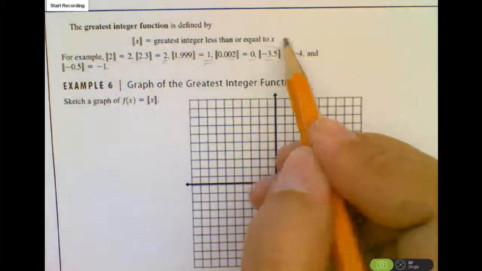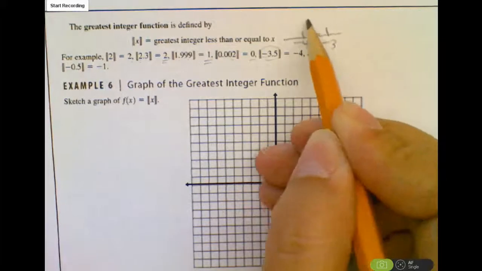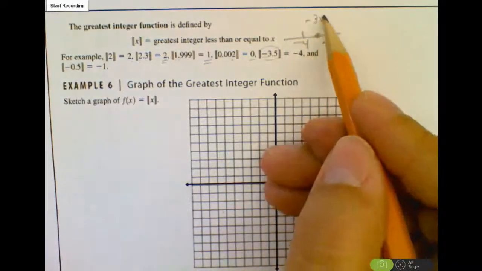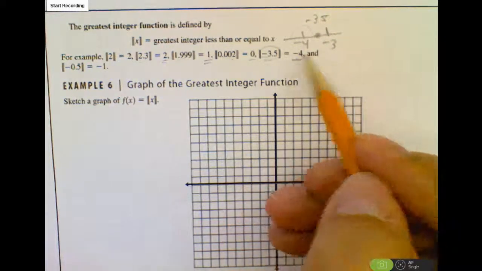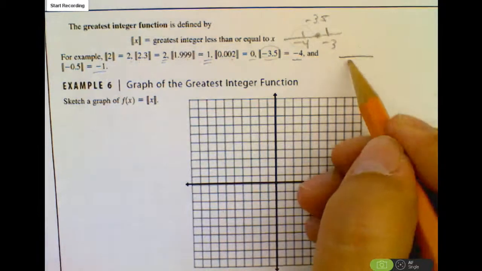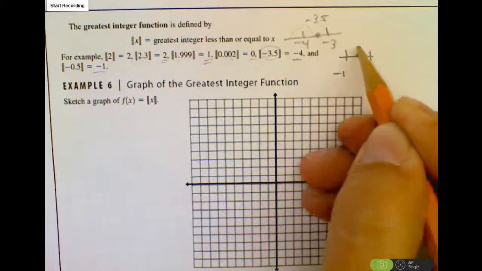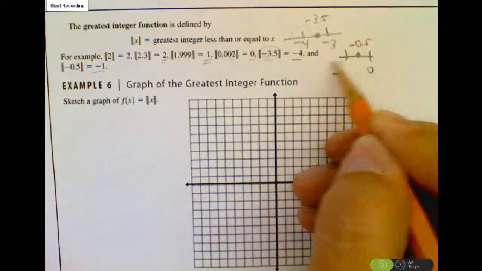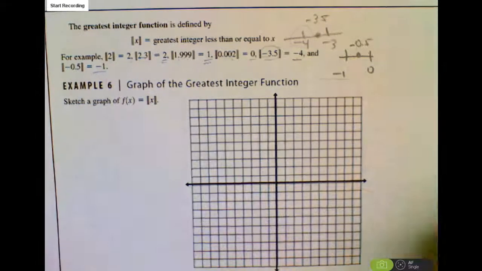This number, be careful with negatives, please. This is -3, this is -4, -3.5 is in between, so the greatest integer is -4. And -0.5 is -1, again for the same reason. This is 0, this is -1, this is where -0.5 lives, so the integer to the left of -0.5 is -1.